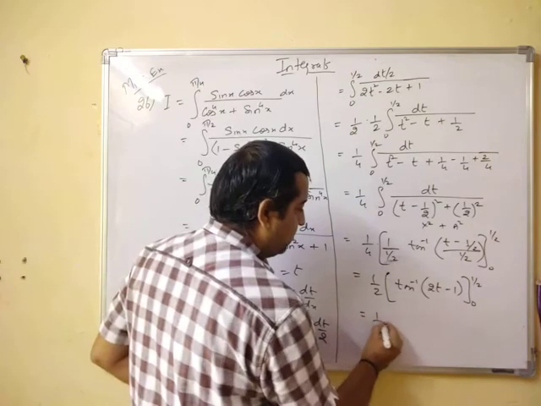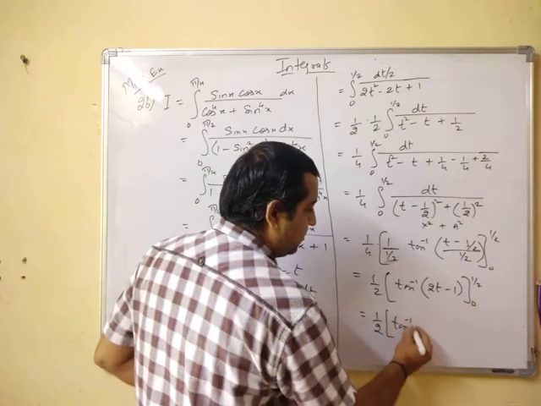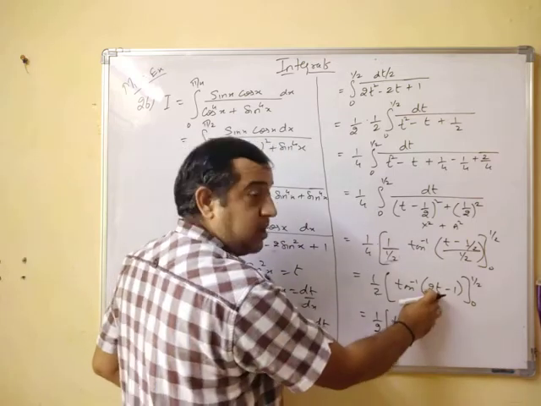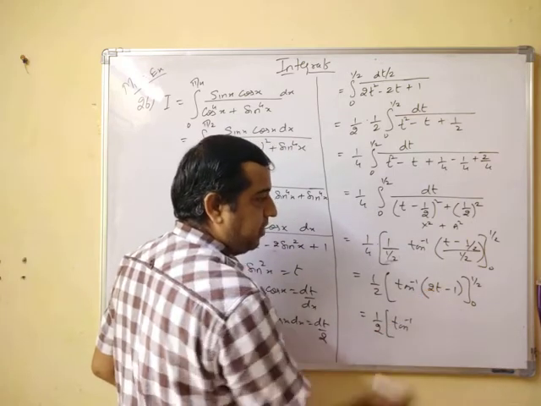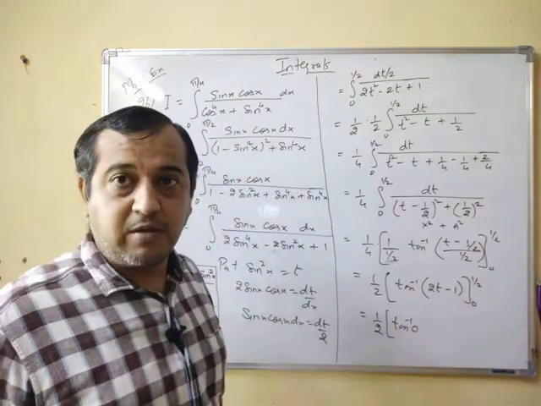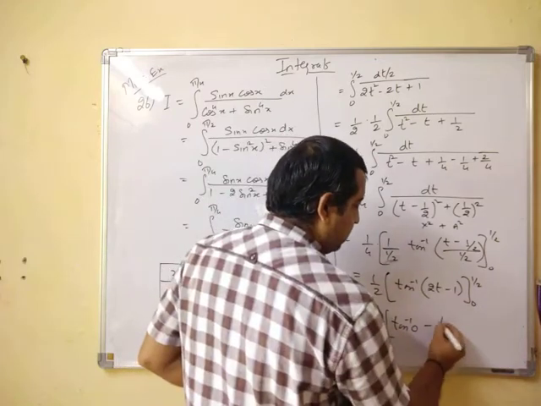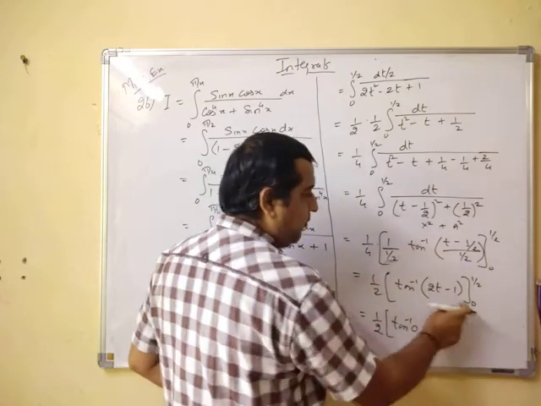Now apply the limits, you get half tan inverse, upper limit, if you put half here, this will become 1, 1 minus 1 becomes 0, so you get tan of 0 minus tan inverse, if you put 0 here you get minus 1.